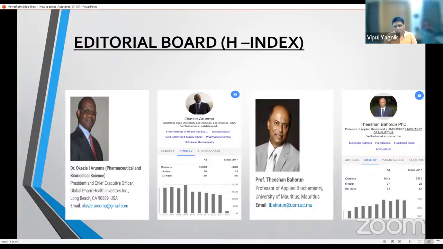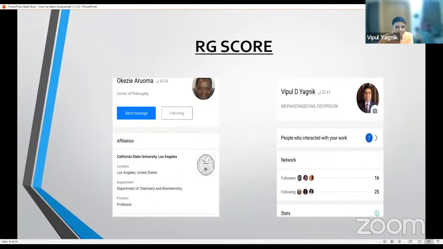And you can see associate editor Thisan Boron, whose H index is 37. In the scientific community, we consider an H index of more than 15 to be a reputed H index. So if the editorial board members are reputed, that will qualify for quality.